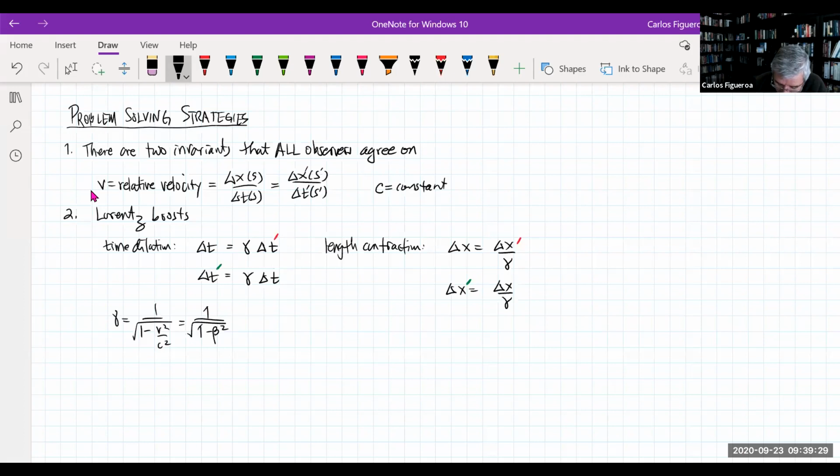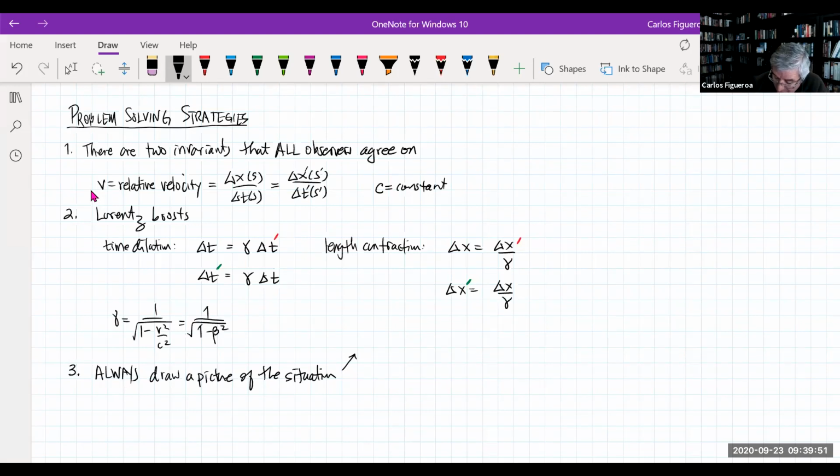And then the other thing here is that I always draw a picture of the situation. And what I mean by a picture, I really mean one of two things.